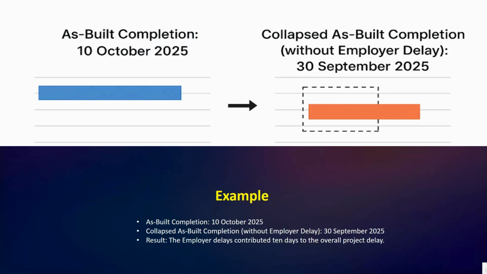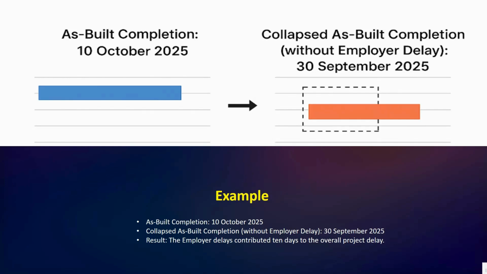Next we have an example here. You can see the as-built completion date is 10th October, then the collapsed as-built completion without employer delay is 30th September 2025. The result: the employer delays contributed 10 days to the overall project delay. The project's as-built completion was 10th October.